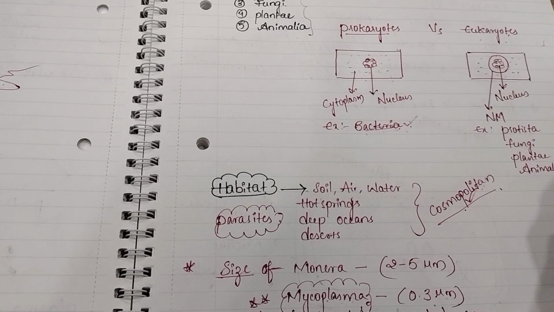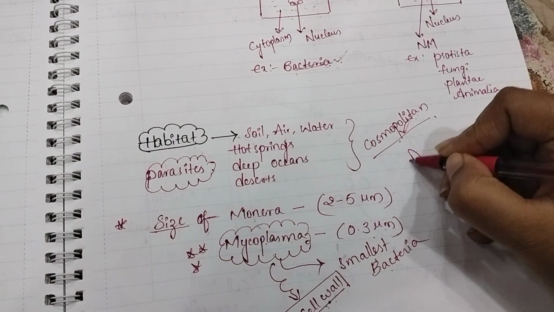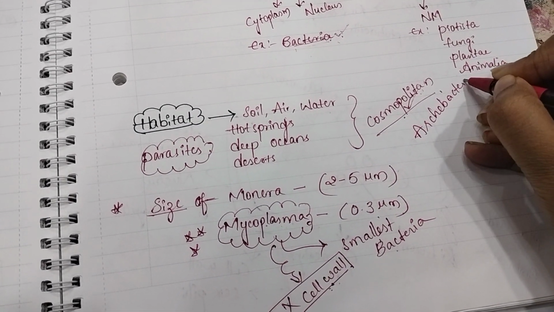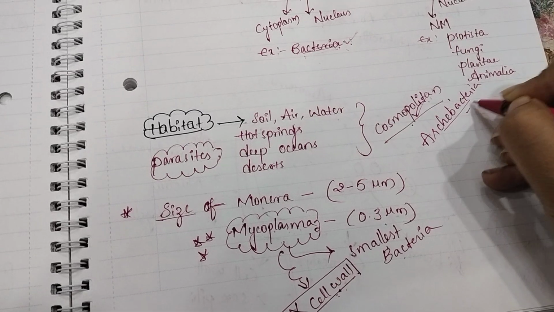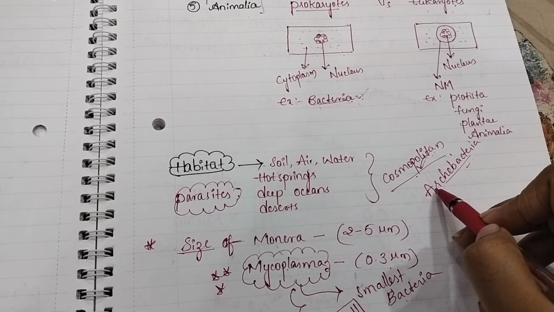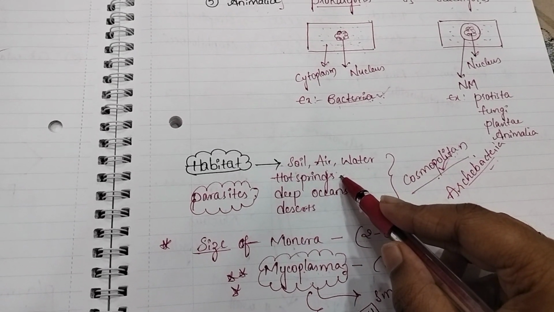Some bacteria called archaebacteria can live in extreme conditions like hot springs. Hot springs are extremely hot, right?